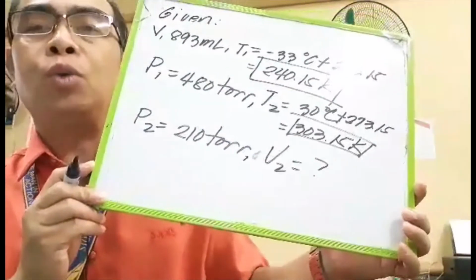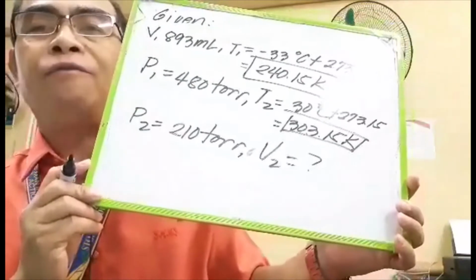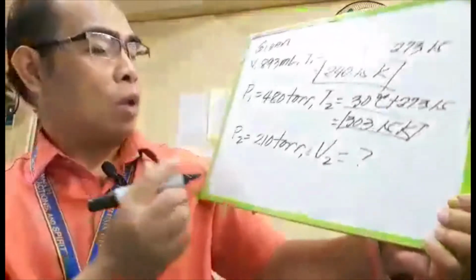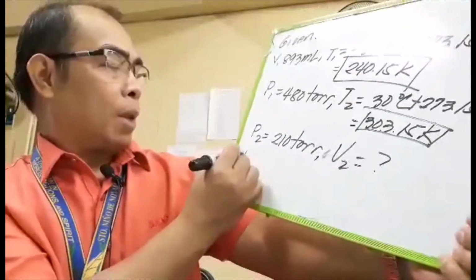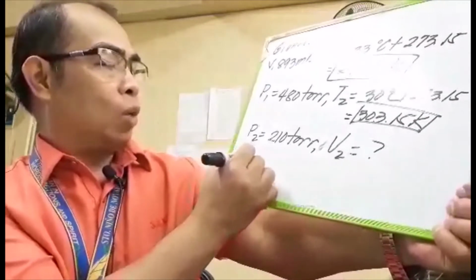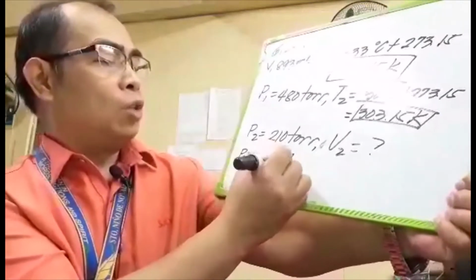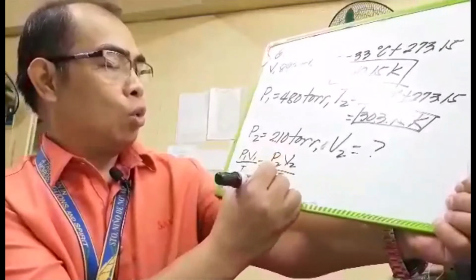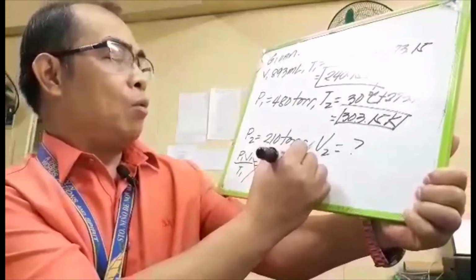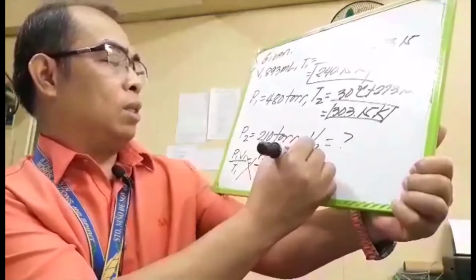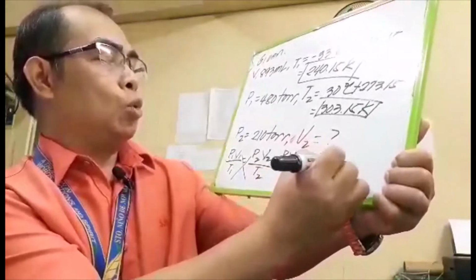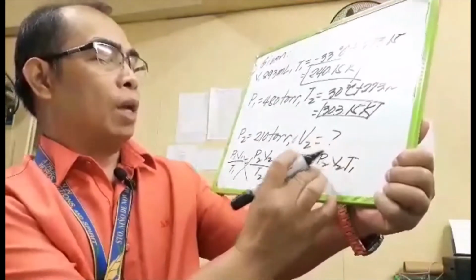So what are you going to do now? We have to derive our equation. P1V1 over T1 is equal to P2V2 over T2. Cross multiply. So we have P1V1T2 is equal to P2V2 multiplied by T1.